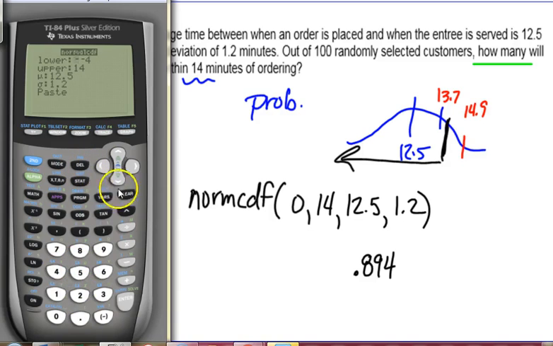But if you're putting in a z-score, then the mean is going to be, we want up to 0.894, where the mean is 0 and the standard deviation is 1.